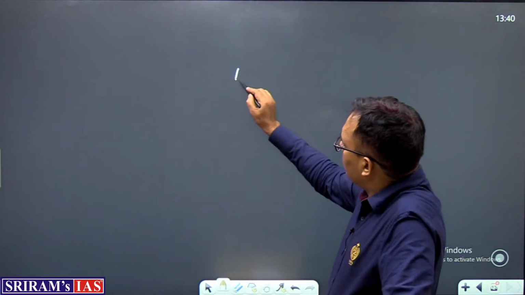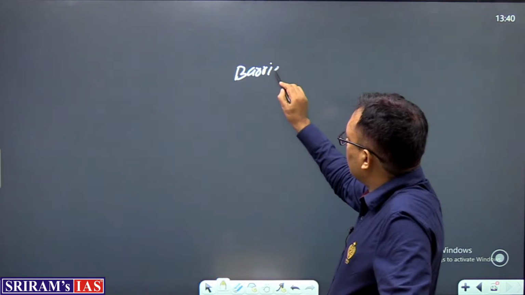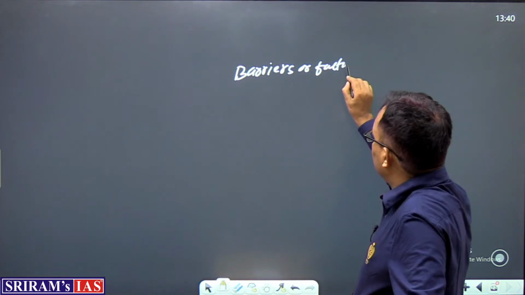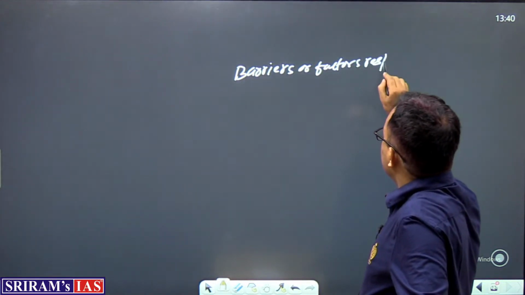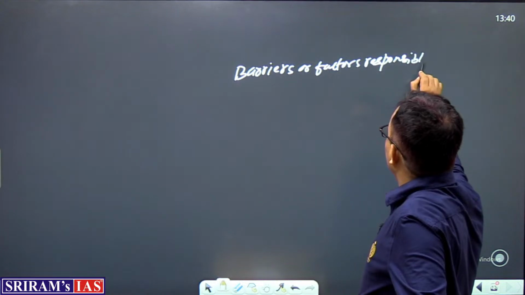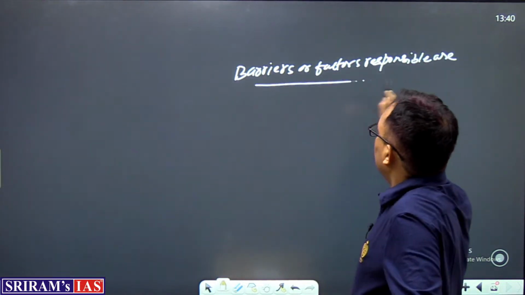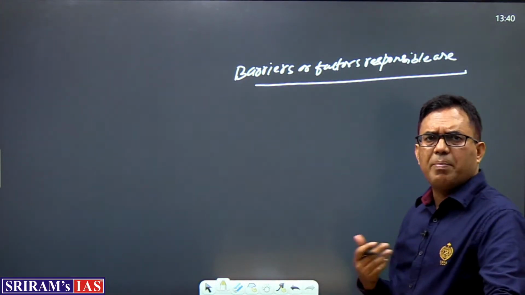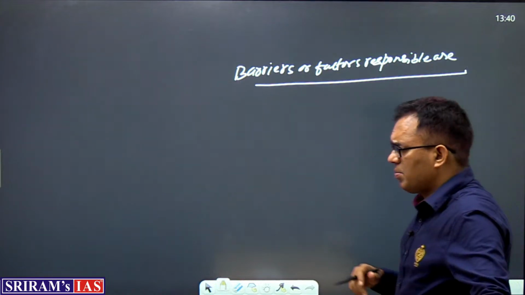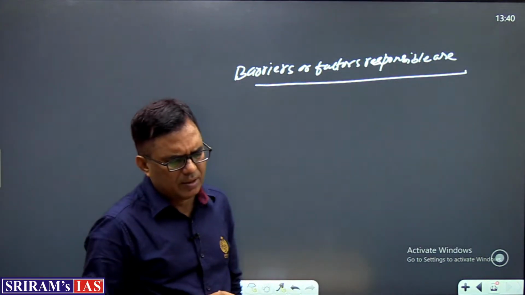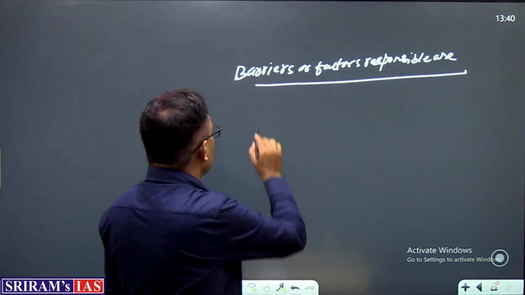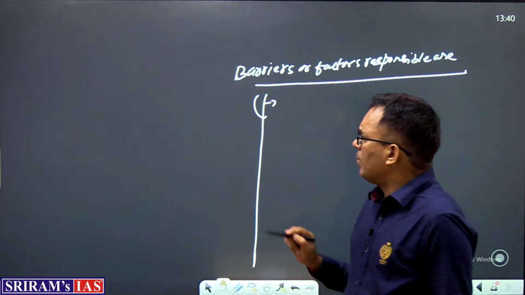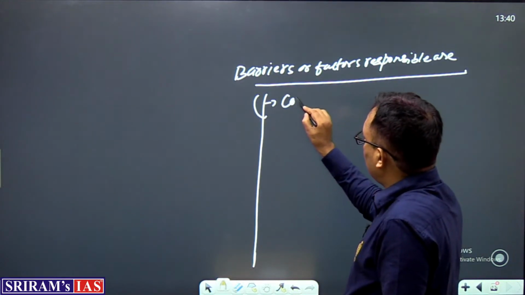So the factors, barriers, or factors responsible: despite equity, justice and affirmative action, if there are some barriers or factors responsible, we are supposed to mention them. First of all, we could mention corruption.